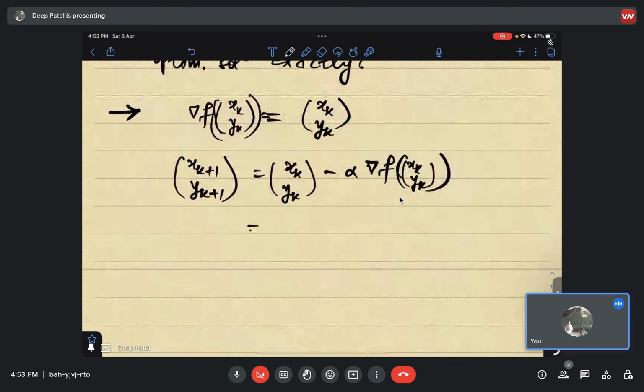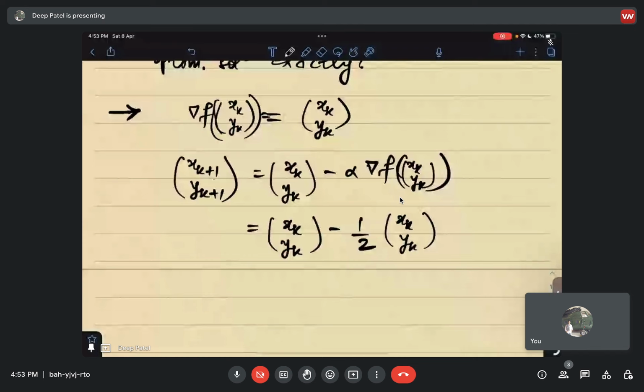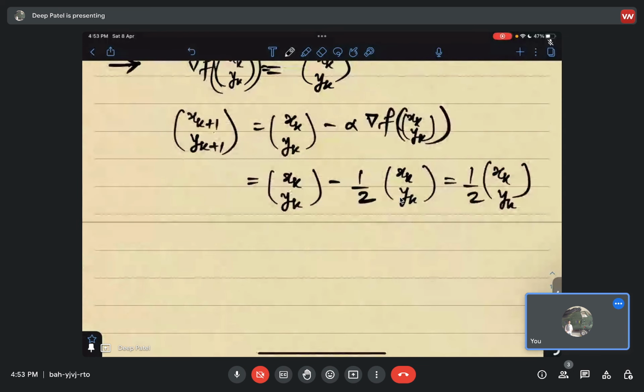What is this in this case? (x_k, y_k) minus half (x_k, y_k), which is nothing but half (x_k, y_k).